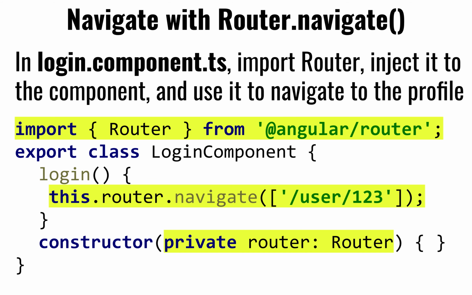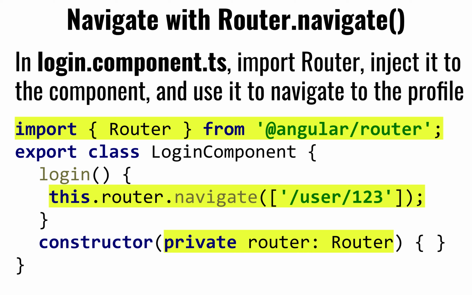function, what we can do is use the router library, the same library we use to declare the routes. It's the same router that's going to allow us to programmatically navigate wherever we want to go. If we click on the login page, we're going to do this.router.navigate, and here we can provide an array that allows us to build the URL where we want to go.